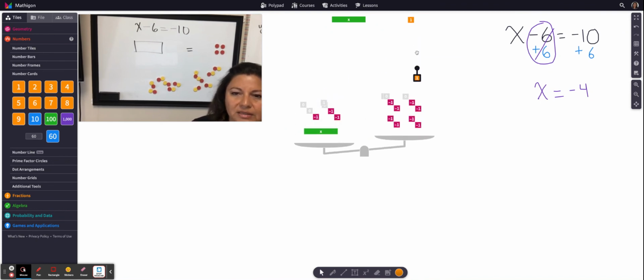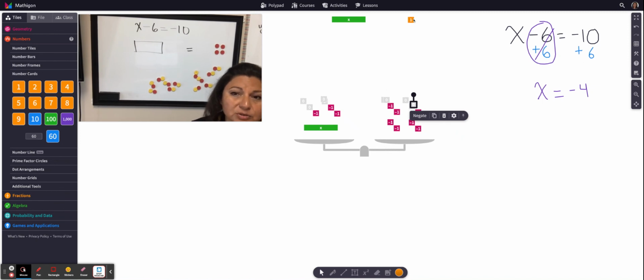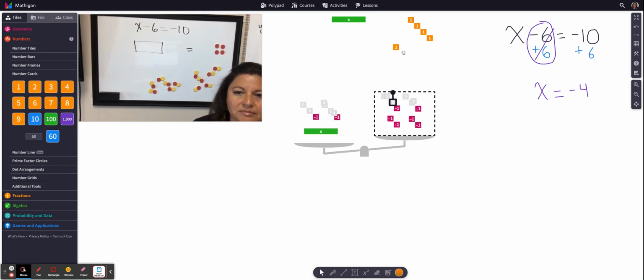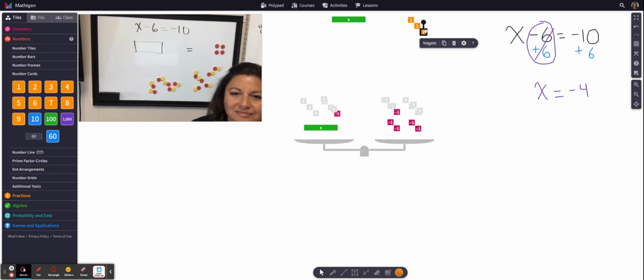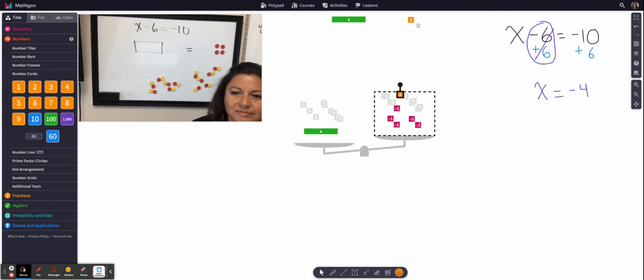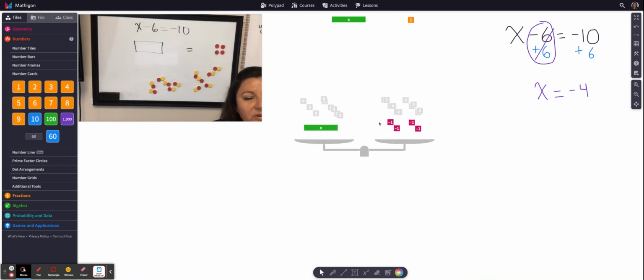And they make a 0 there, and they make a 0 there, and I need to continue doing that until I am out of negative ones on this side. And so we could have done that here as well to show that if we add 6 positives, we would end up with 4 negatives. We ended up with more negatives than positives, right?